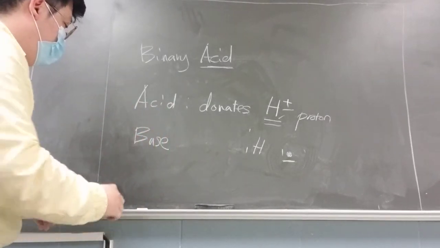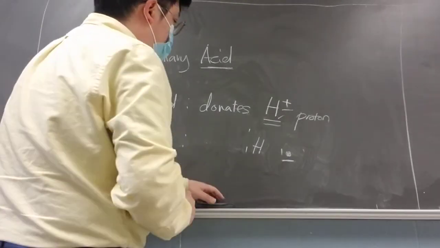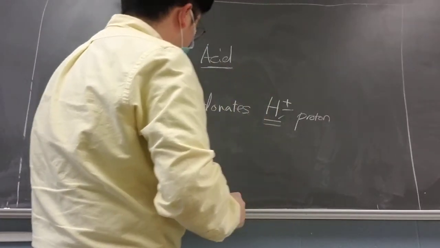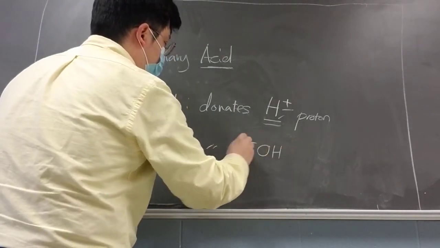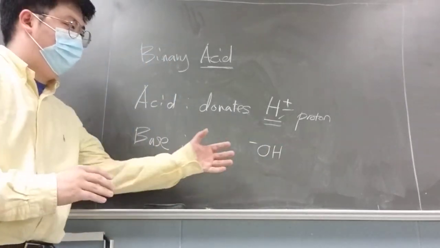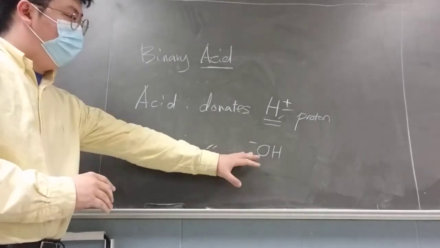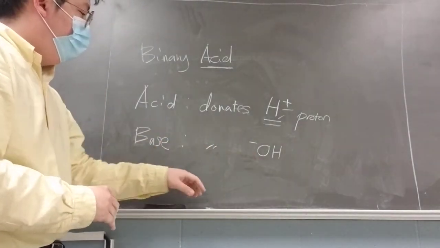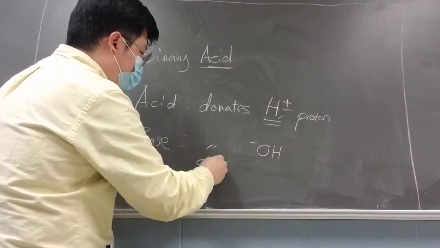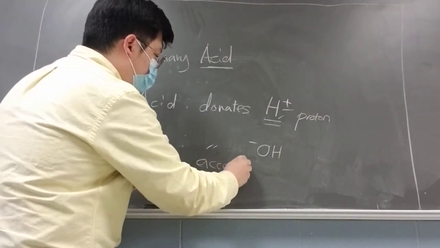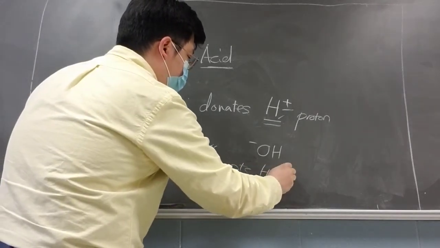The base donates the OH minus, a hydroxide anion, which is negatively charged. It does donate, but it also steals the hydrogen cation, the proton.